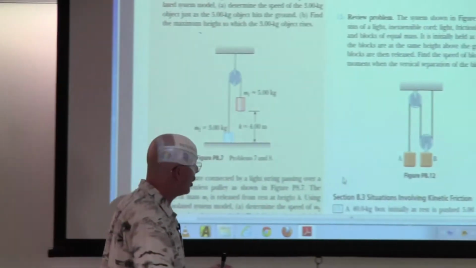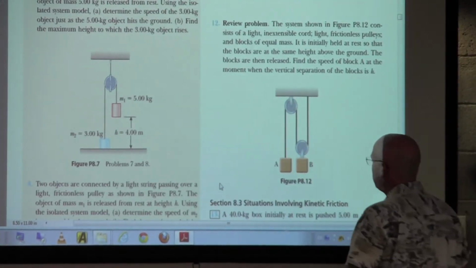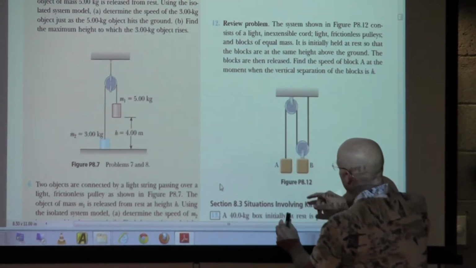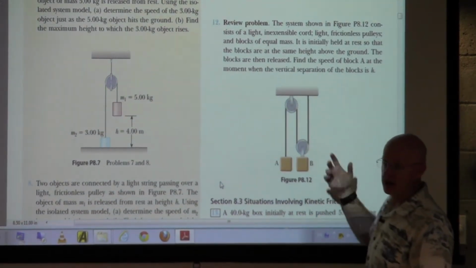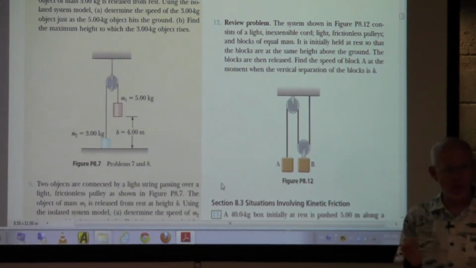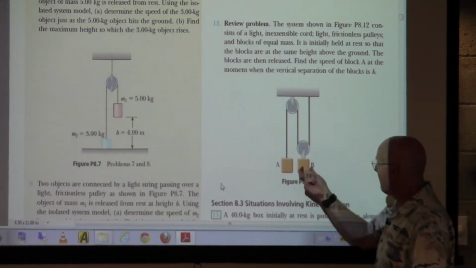But could one go up and one go down, right? Let's just say that block A goes down. I'm not saying block A does go down, but let's just say it does. If block A goes down, then what would that do to B? It's got to go up. All right, so I see how we could have A go down and B go up. What about the other way around? What if B went down?